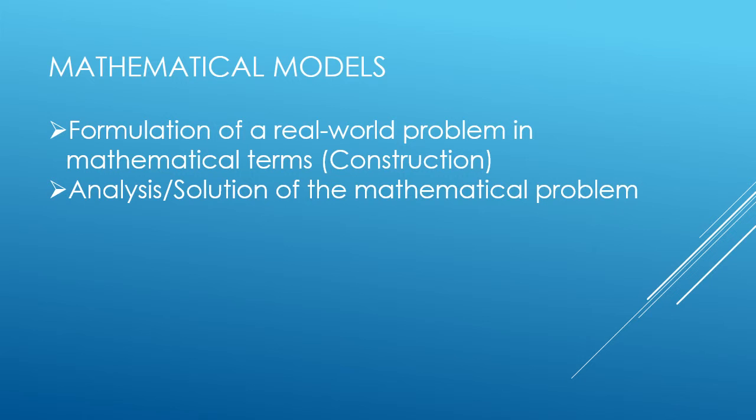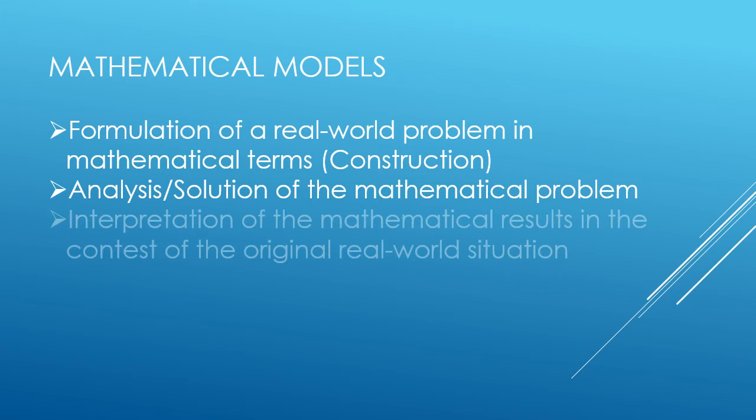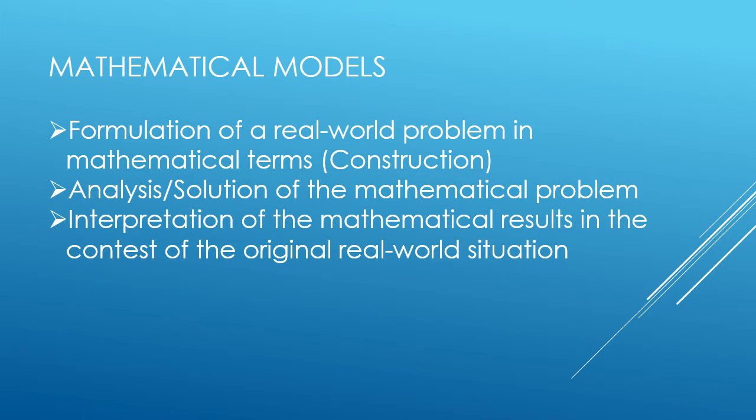What we're going to do is analyze or find the solution to this mathematical problem. And then we're going to interpret the mathematical results in context to the original real-world problem. And that, by definition, is mathematical models.